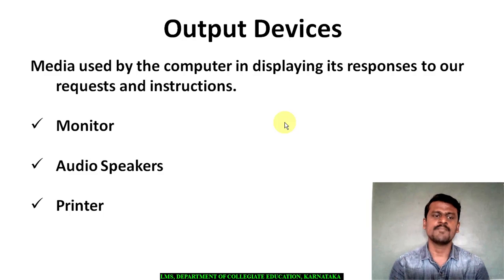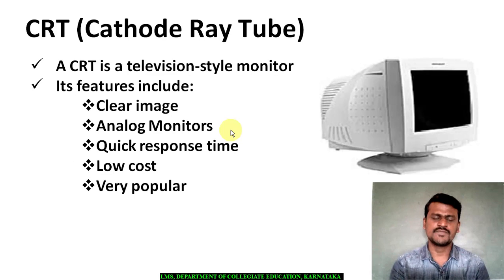So the first one is the monitor device. The first monitor is the CRT, that is, cathode ray tube. Consider this image. This is one type of CRT. CRTs look somewhat like TVs, that is, televisions.